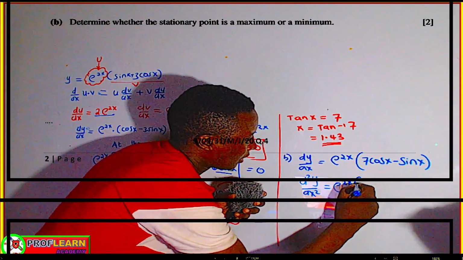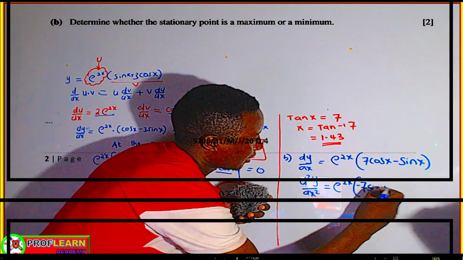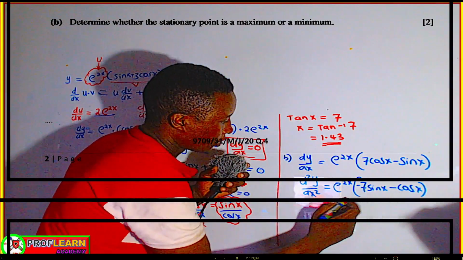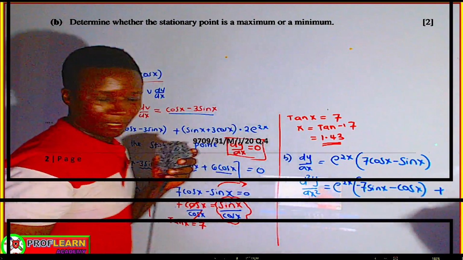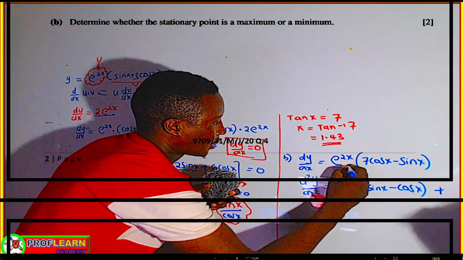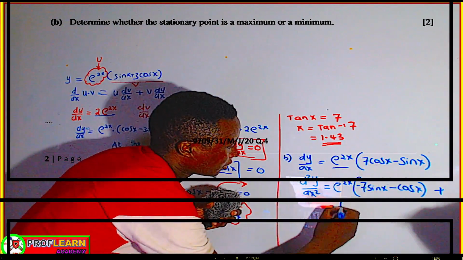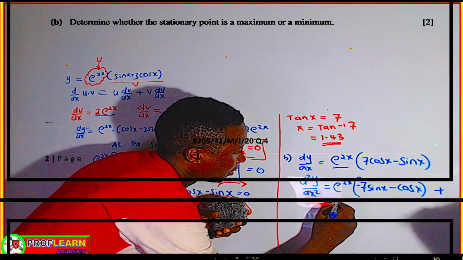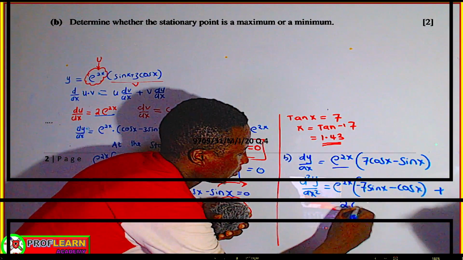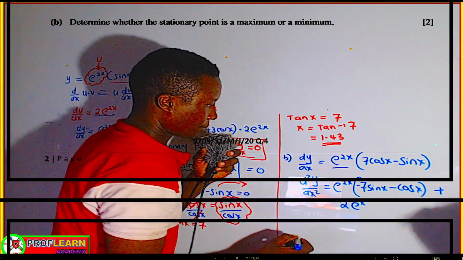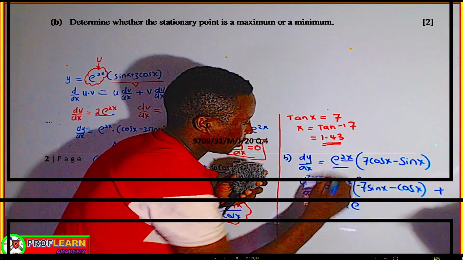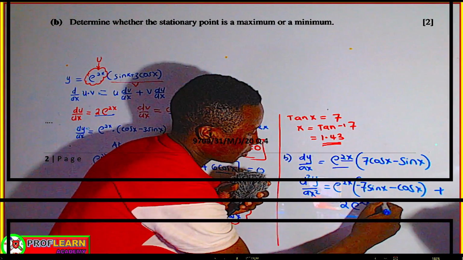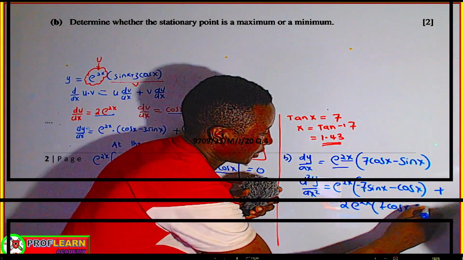So this is going to be negative 7 sin x minus cos x, and then we can also say this is going to be plus, we differentiate the exponent keeping the other term constant, so this is going to be 7 cos x minus sin x, differentiate the exponent 2x, we bring the 2 down, it's going to be 2 e^(2x) into 7 cos x minus sin x.